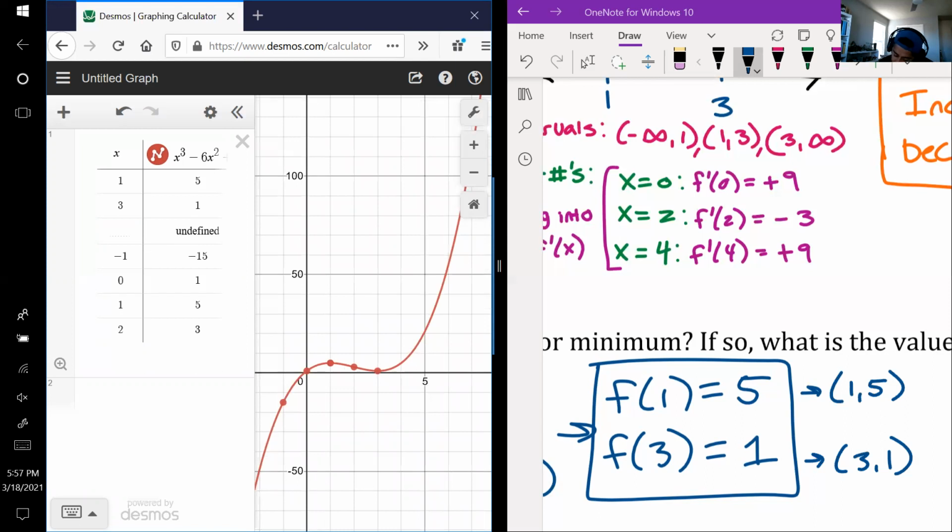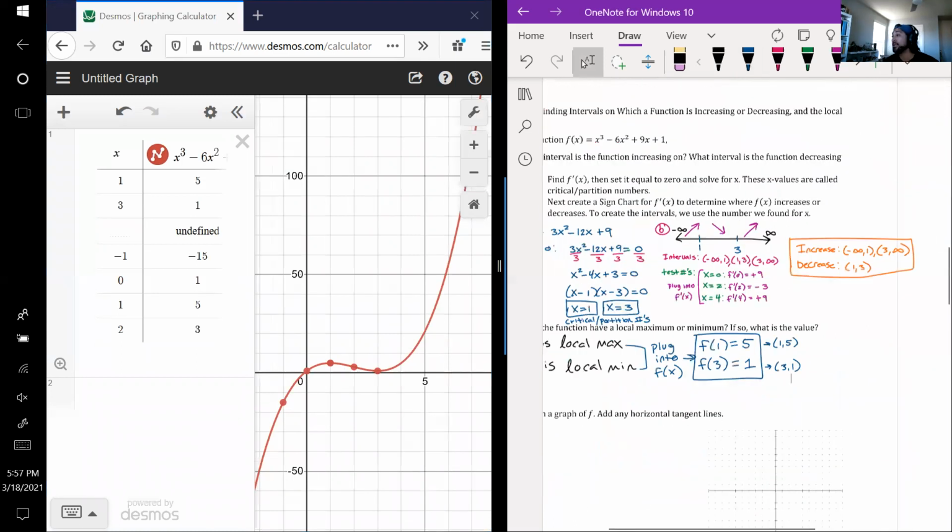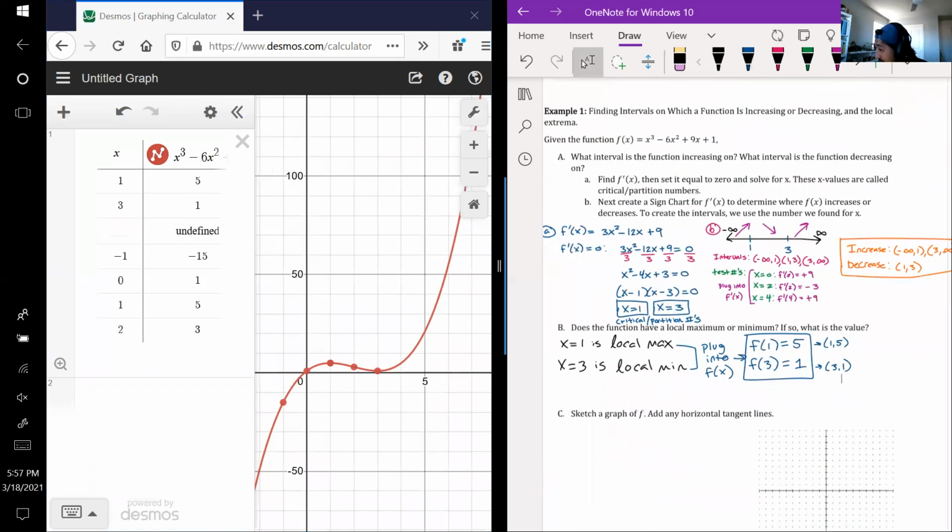Okay. So now, all we want to do now is sketch a graph of the original function. Yes, we see the perfect graph on the left side, but we're going to sketch this graph by plotting the max and minimums and following our sign chart. That's what we're going to do here.